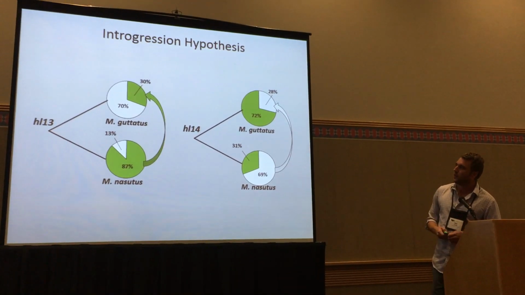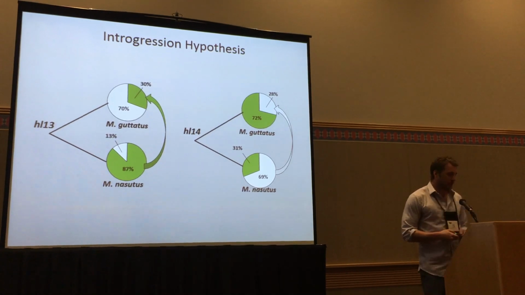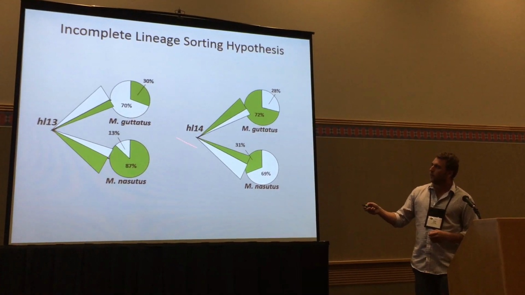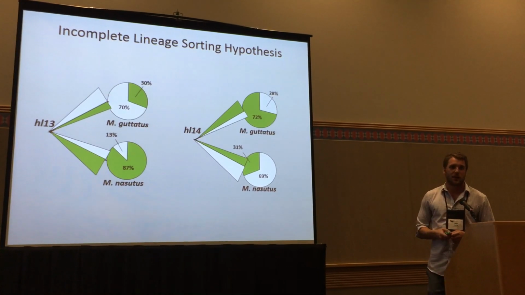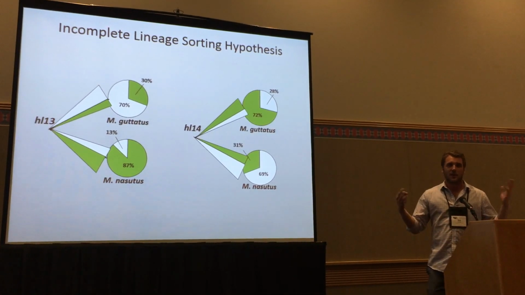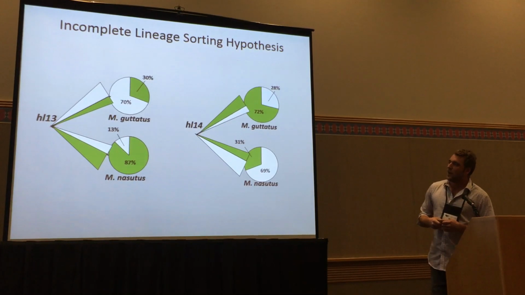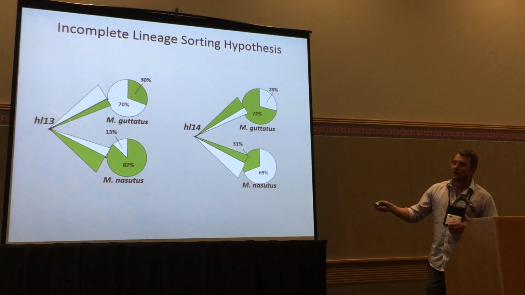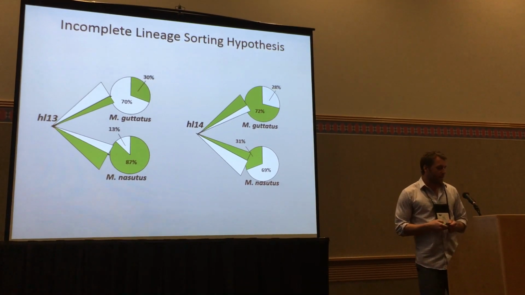So one hypothesis is that gene flow is contributing to polymorphism. The other is that there's a pool of ancestral variation: the ancestor already had variation at these alleles, and so you have incomplete lineage sorting that's still going on within each taxon.